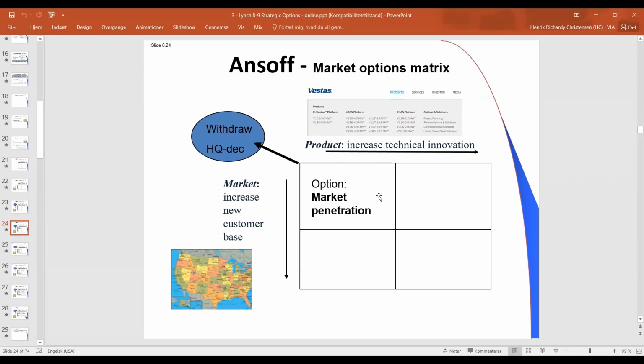Imagine for a moment that we are, let's say again, Coca-Cola, and does it make sense to penetrate the Danish market even further? Now we have quite a high market share already. So do we gain anything from trying to get an even higher market share?